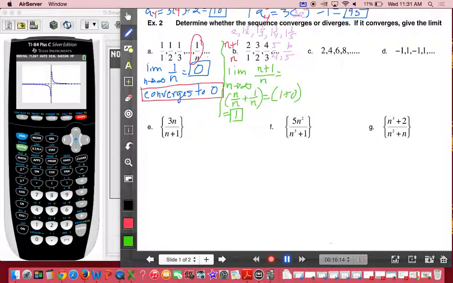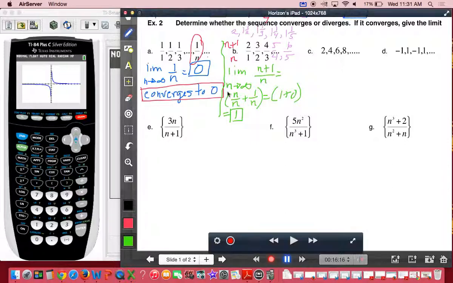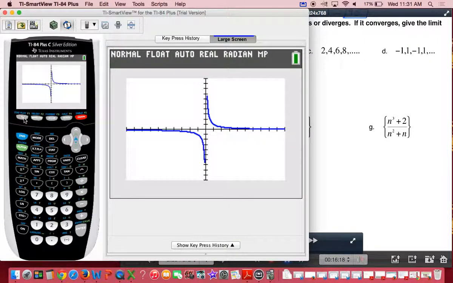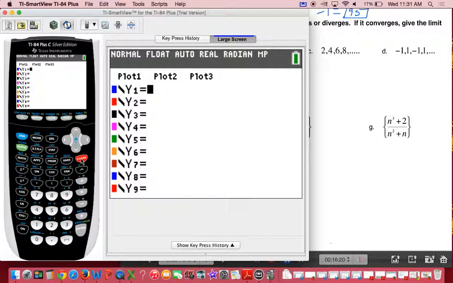Let's look at the graph. So let's go over here. Let's change our y equals, clear that out, and we're going to put in parentheses x plus 1 divided by x. And we expect, and the limit is actually a horizontal asymptote.